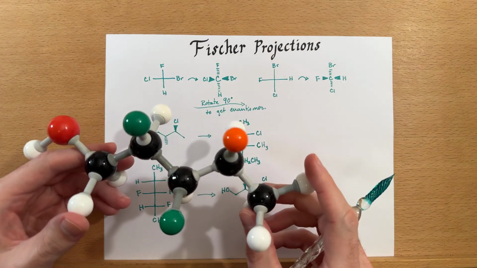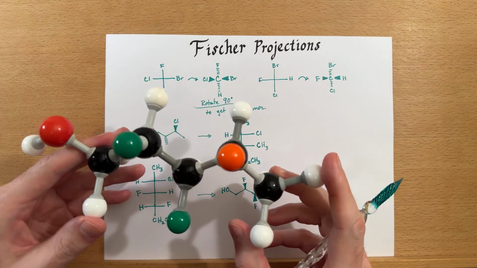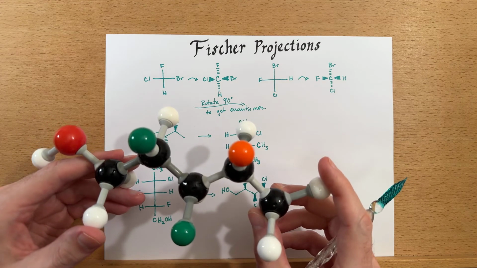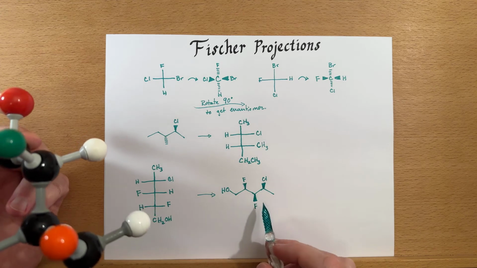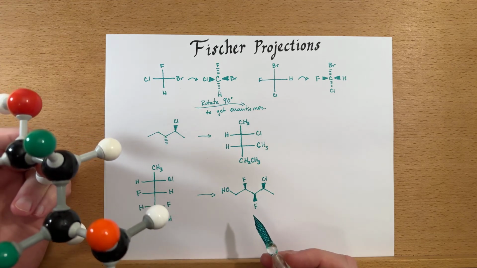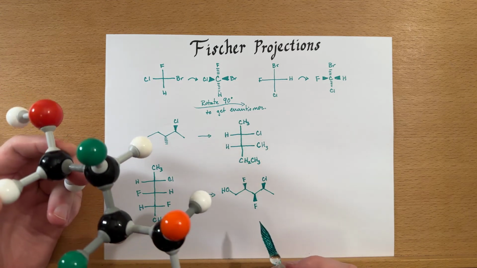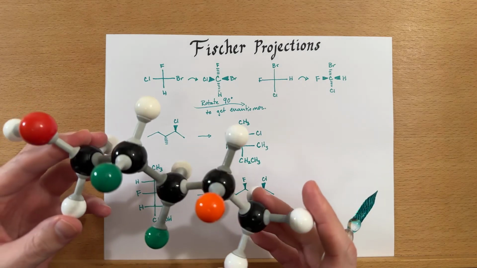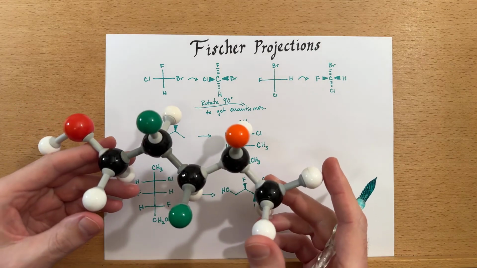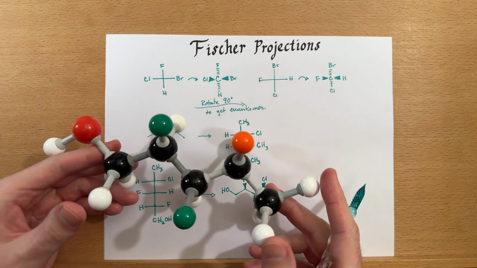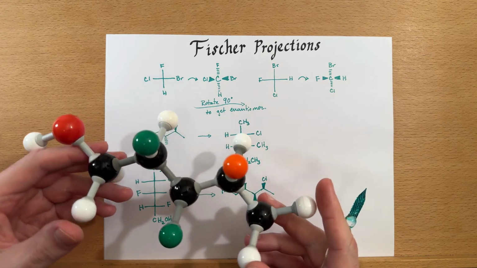Now you may ask yourself, wait, this is not that easy to determine, the wedge and dash notation from the Fischer projection. And I would tend to agree with you unless you've worked with these quite a bit and unless you're using model kits all the time to kind of do that translation.